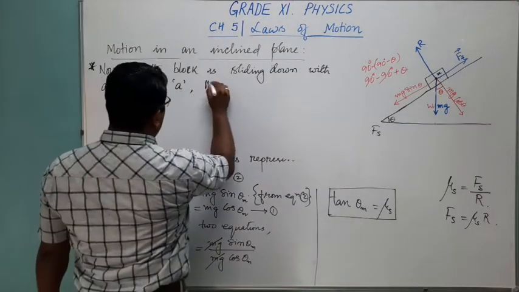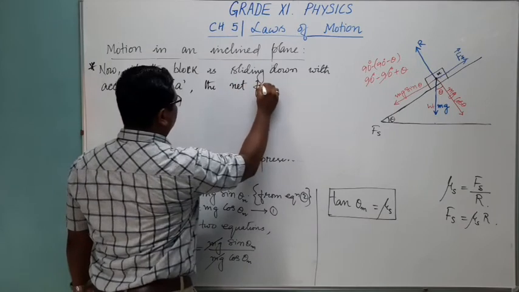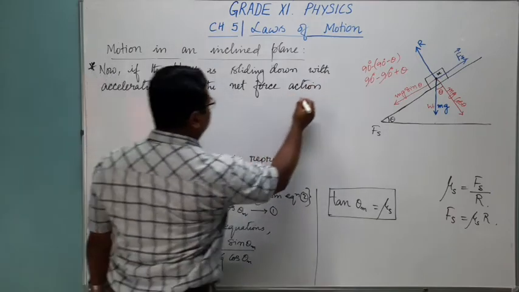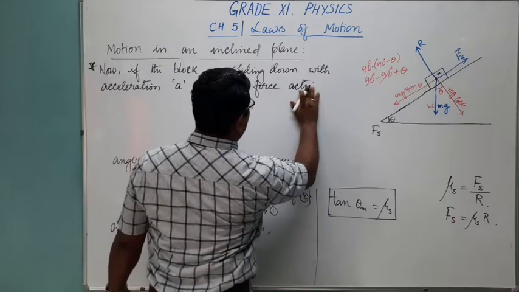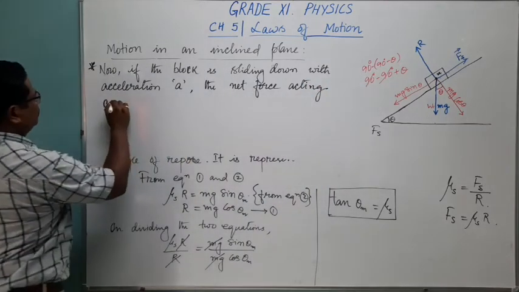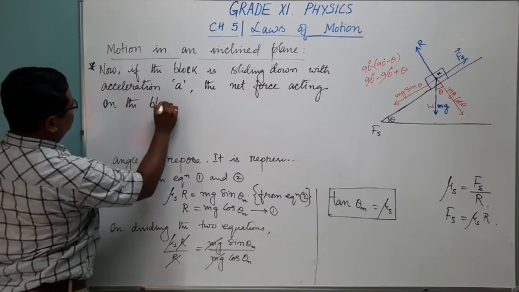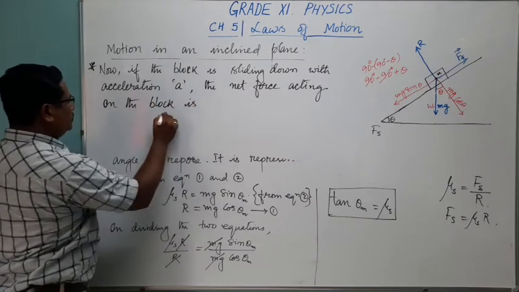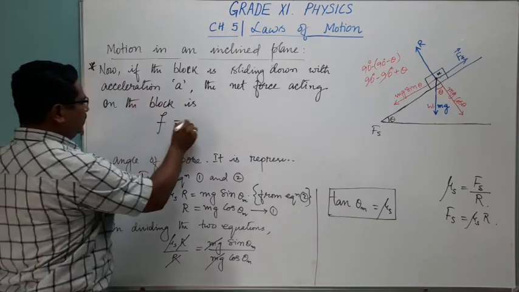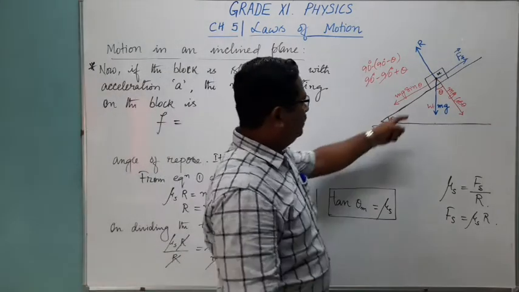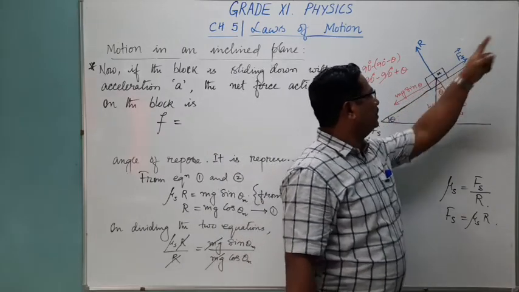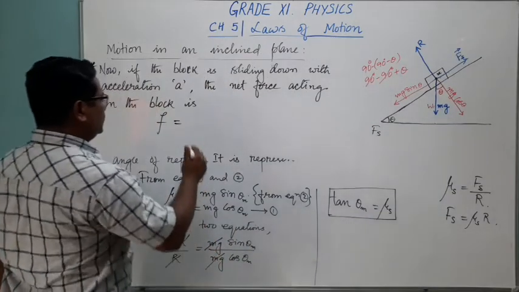then the net force acting on the block is, let us use small letter f, this is indicating the net force. What will be the net force? Let us see. This is mg sin theta, it's coming down, so it will be more, whereas the force of kinetic friction in the other direction will be minus.